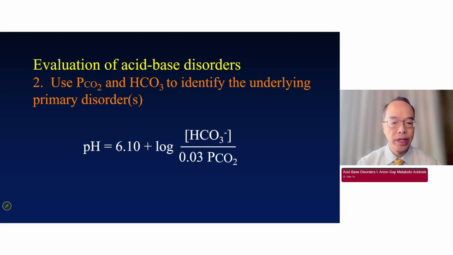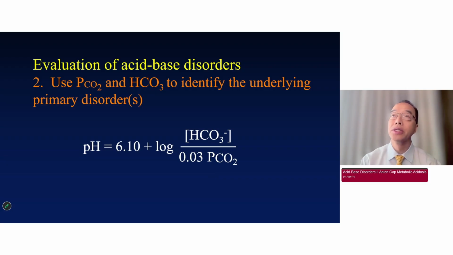Here I show you the Henderson-Hasselbalch equation, not because you need to memorize it, you most certainly don't, but because it's quite helpful, certainly for me, to visualize how the serum bicarbonate, which by the way is often measured and reported as the serum total CO2, so don't be confused, and the actual partial pressure of CO2 in the blood affect the pH.